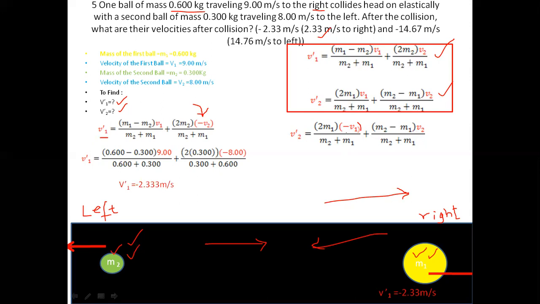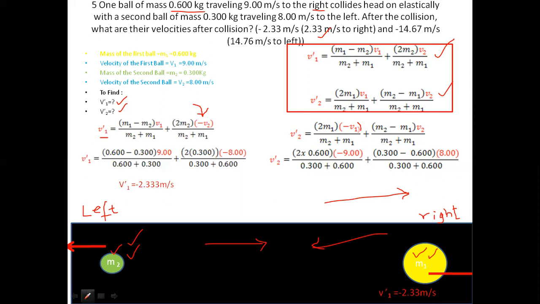So putting in the values, what do we get? We get 2 into m1, which is 0.600, with a negative sign, because this body m1 was moving against m2, divided by 0.300 plus 0.600, plus (0.300 minus 0.600) into 8 meters per second, which is the velocity of the second body, divided by 0.300 plus 0.600.